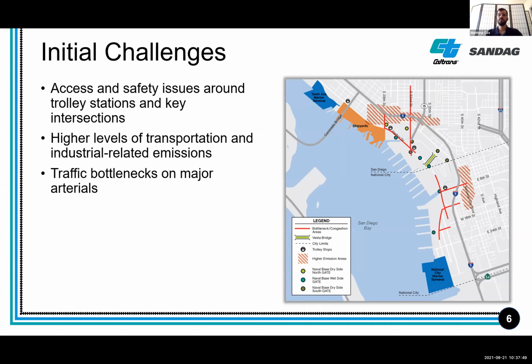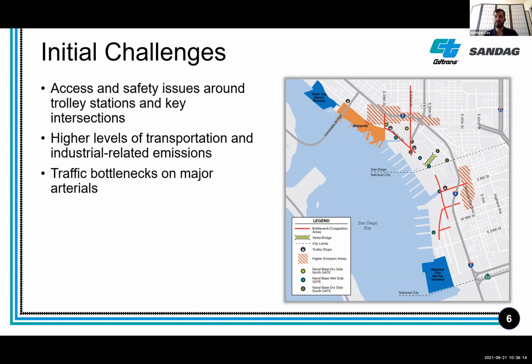Thank you, Catherine. So in those discussions with our stakeholders so far, we've started to identify initial challenges to the area. We've listed a few subsets of challenges on the next couple of slides just to give you an idea of what we have. Included in that, we have the access and safety issues around trolley stations and key intersections and corridors there.